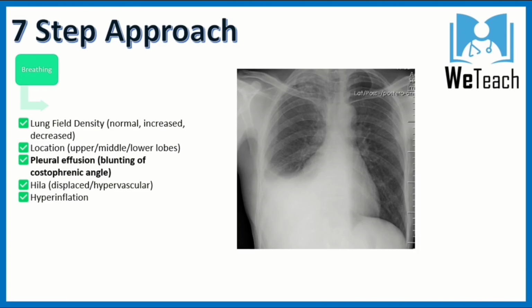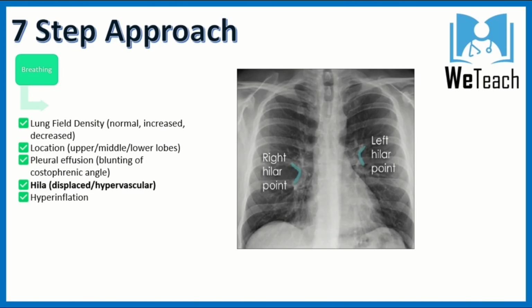We will then inspect if there's any pleural effusion, and how we can gauge whether a chest x-ray is showing pleural effusion is by checking if there's any blunting of a costophrenic angle. As I'm showing here, the right costophrenic angle in this x-ray is blunted, and we can clearly appreciate the costophrenic angle on the left side of the X-ray.